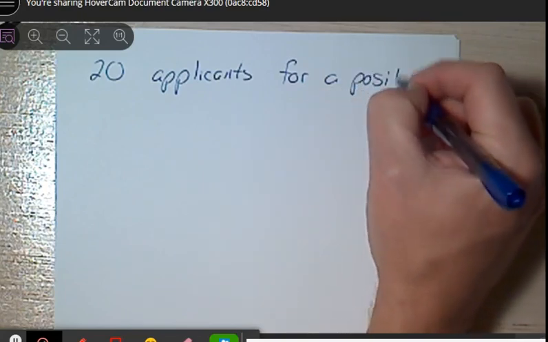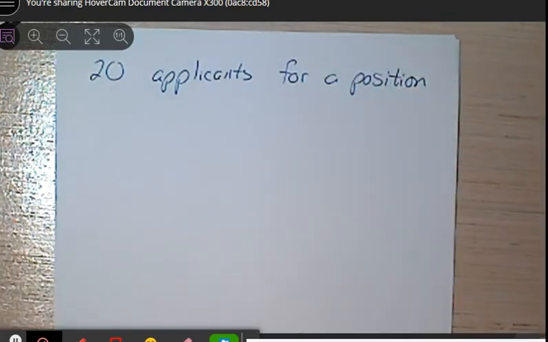Okay, and then the last problem of the types they give to you. This one will say that there are 20 applicants for a position.